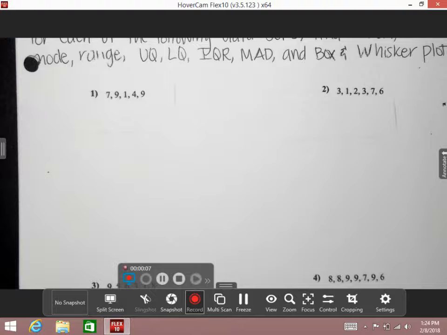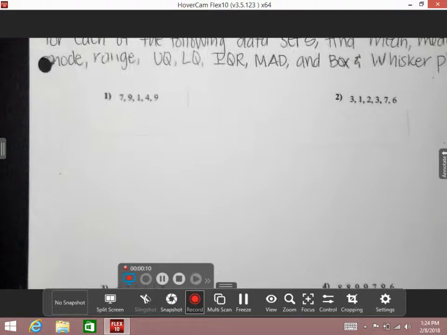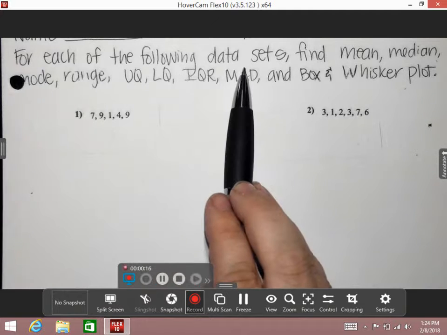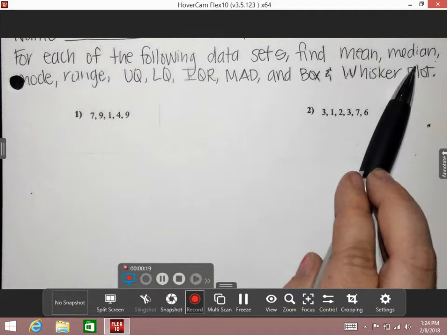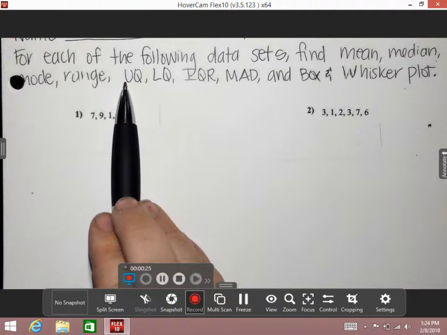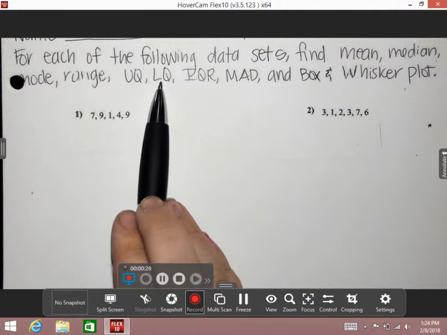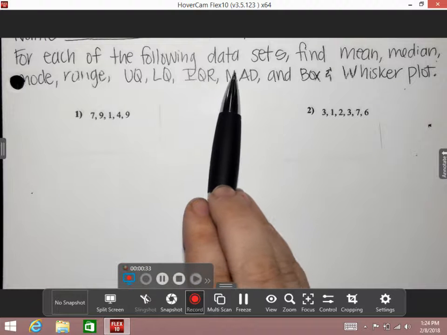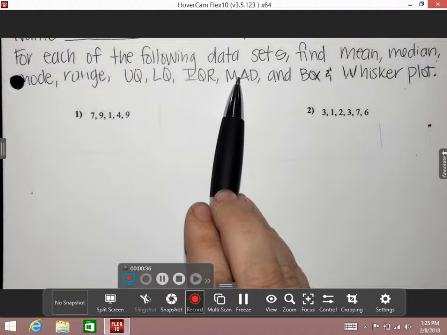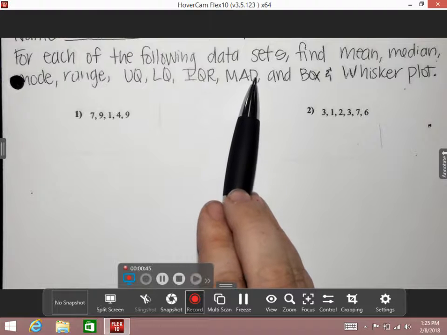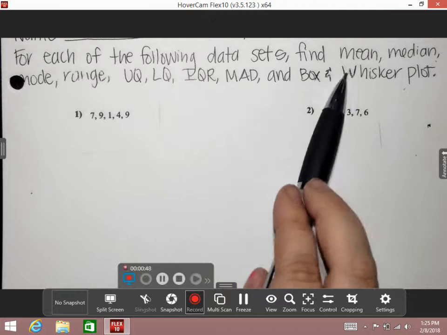So today we are just going over every single thing that we've done in our statistics section. All right. So our directions say for each of the following data sets, we're going to find the mean, the median, the mode, the range, the UQ, which is the upper quartile, the LQ, the lower quartile, the IQR, inner quartile range, the MAD, the mean absolute deviation, and we're also going to make box and whisker plots.